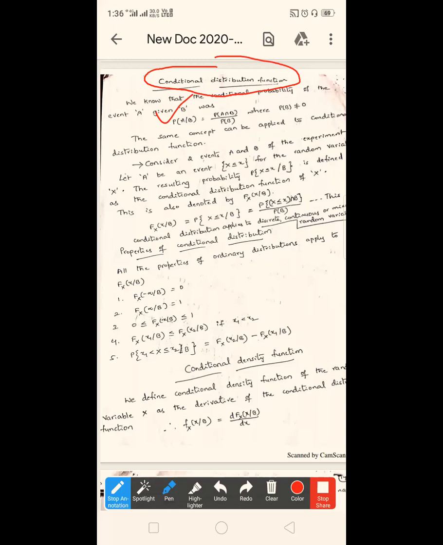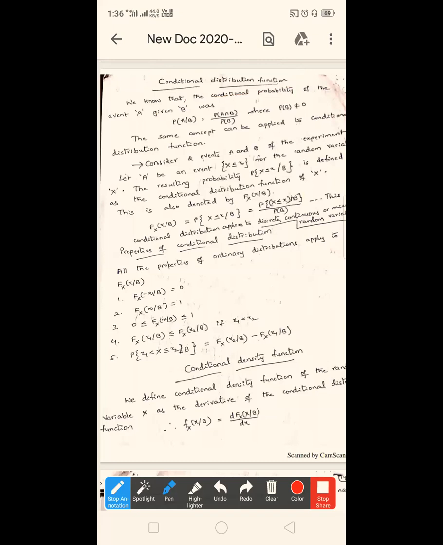Okay, already we know the distribution function. All of you already discussed in the previous classes about distribution and density functions. Now we have to apply the conditional probability concept to the distribution and density functions.